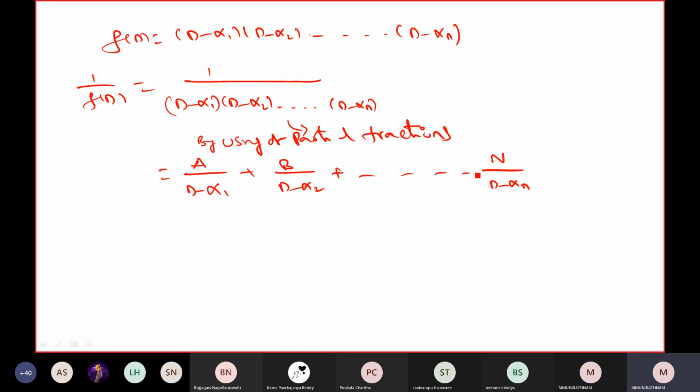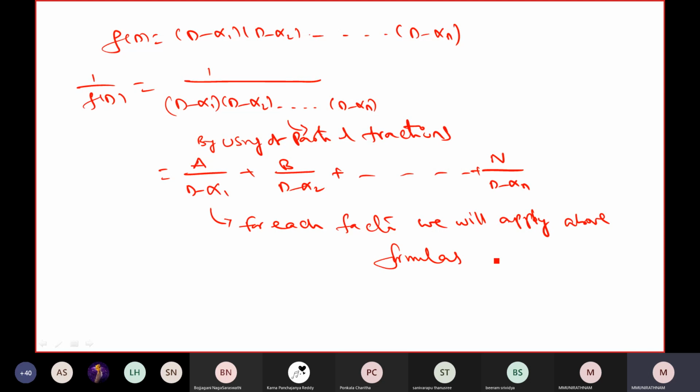For each factor, multiplied into q of x, we apply the above formulas and we get the solution.